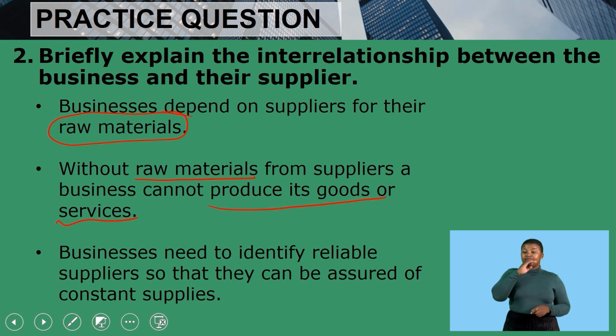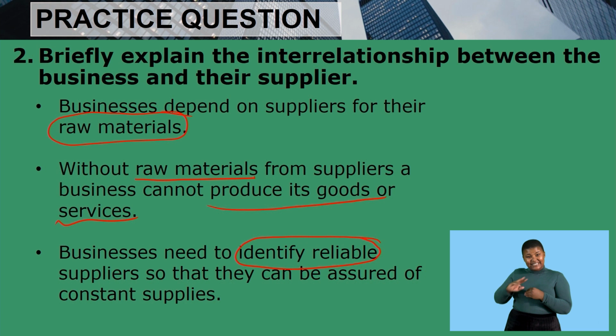So the business must identify a reliable supplier so that they can be assured that all the supplies and raw materials will be delivered constantly. So there we have it. We have discussed the relationship between the business and the suppliers.